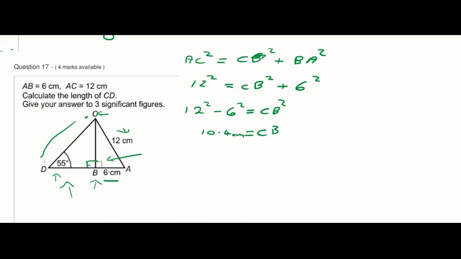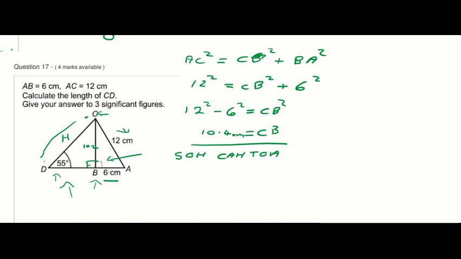Okay, so we worked out CB is 10.4 centimetres. Now, in order to calculate the length DC, as I said, we're going to use trigonometry. So straight away I write down my trigonometric ratios, SOHCAHTOA. I know I want to find out the length of the hypotenuse, so I'm going to label the sides.